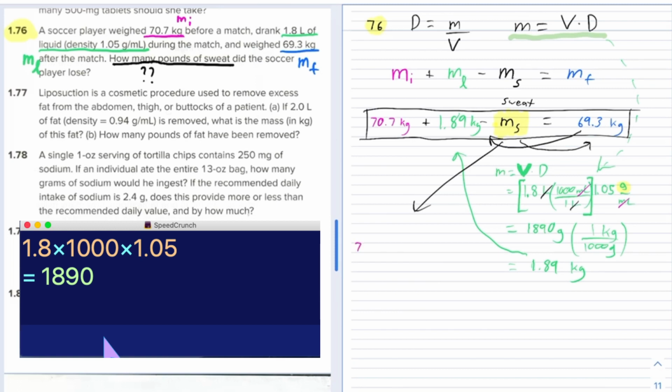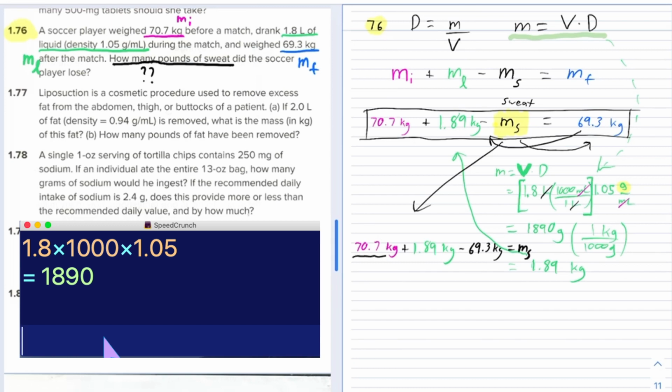Then what you'll be left with here, let me rewrite the equation. So 70.7 kilograms plus 1.89 kilograms, and then minus 69.3 kilograms. All of that is going to be equal to the mass of the sweat.